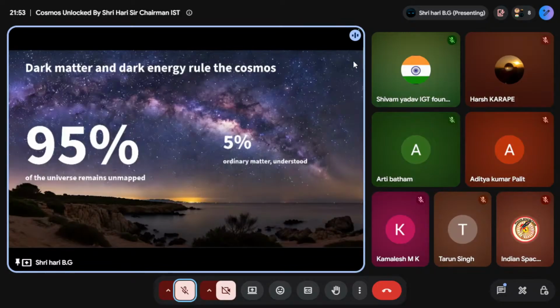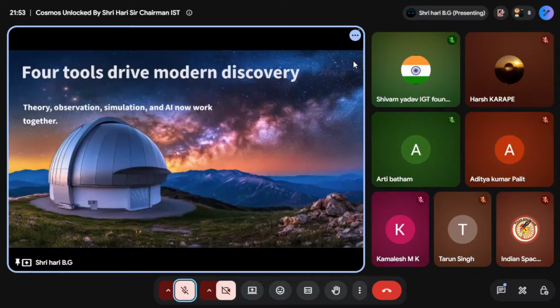The second tool is observation, which is catching light and other messengers, the four messengers I mentioned: electromagnetic waves, gravitational waves, neutrinos, and cosmic rays. These four messengers we observe.